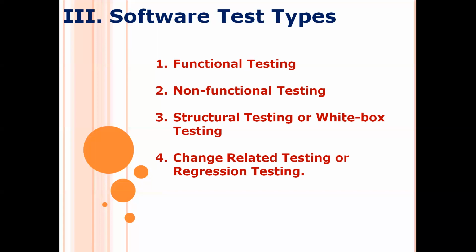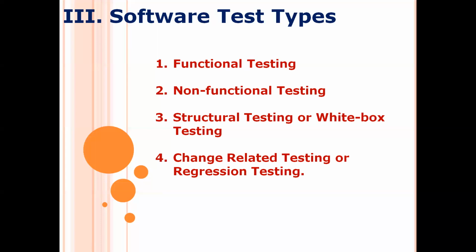Confirmation testing. After a defect is fixed, the software may be tested with all test cases that failed due to the defect, which should be re-executed on the new software version.